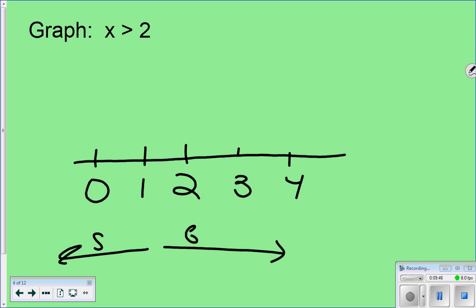No, because what would this be if it included 2 or equal? So when I graph this needs to be an open dot, and my arrow needs to go this way, because that's telling me all the possibilities that x could be. It could be 3, 4, 5, 6, 7, 8, all the way to a bazillion, and that's my solution set. My solution set are all the possible answers that I have.